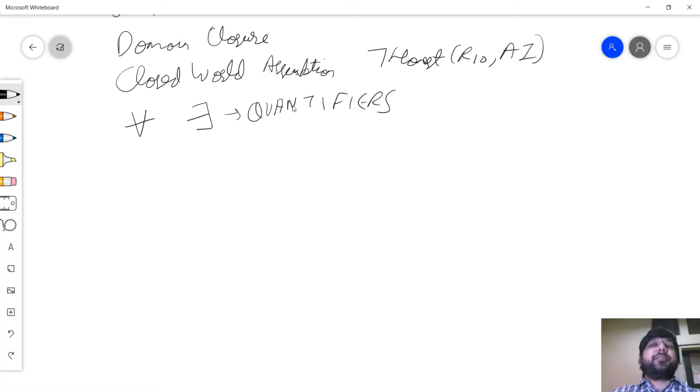And because I introduced two quantifiers, let us see how we deal with the quantifiers if they happen to come in your language. So let's first go with the universal quantifier, which is for all. And for all is easy.